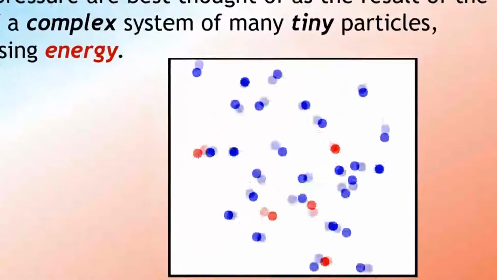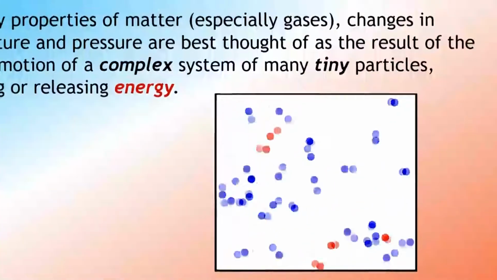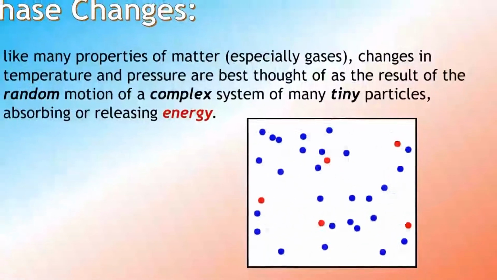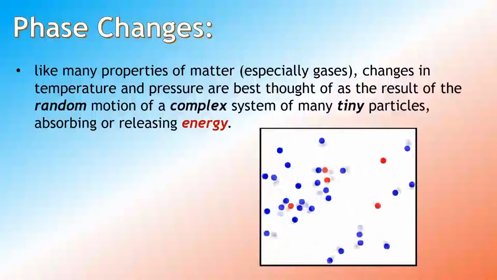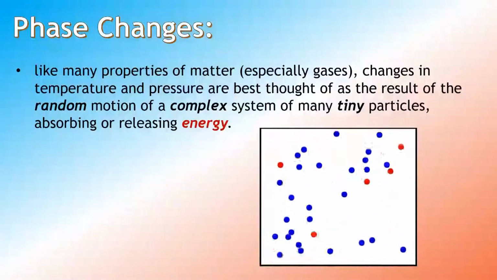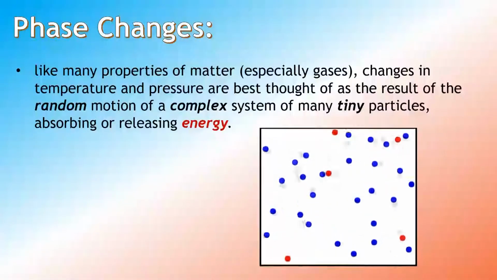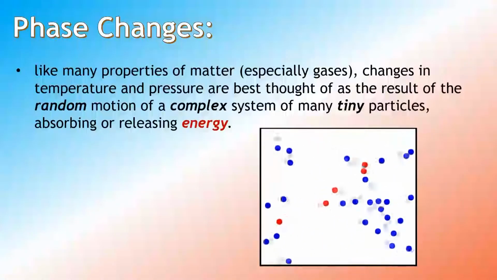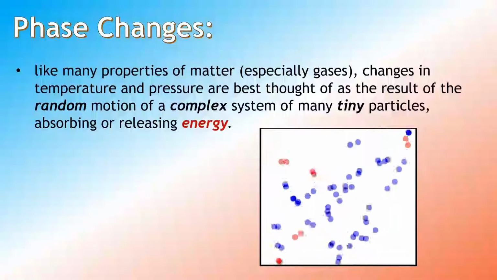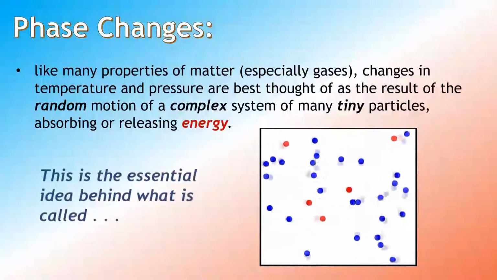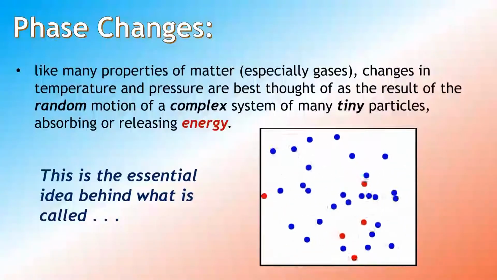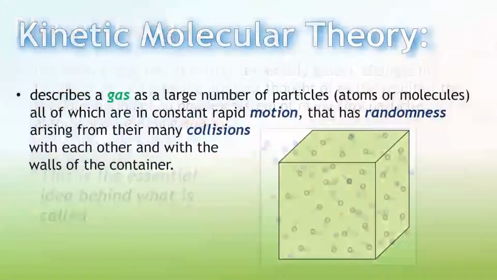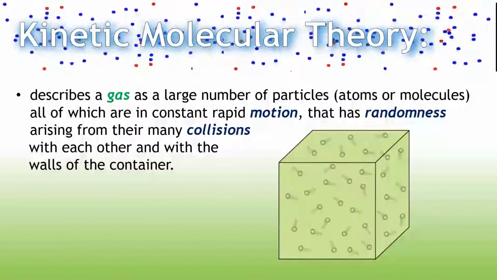Nevertheless, it's important to emphasize that this is the big idea in this set of notes. We have random motion of a complex system of many tiny particles absorbing and releasing energy. So complex, so tiny, there's no way to actually follow them all. This is the essential idea behind what is called kinetic molecular theory.